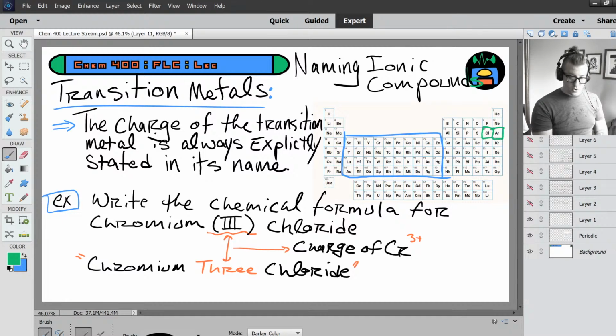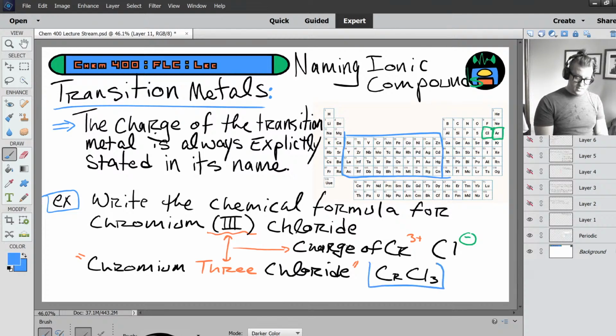It wants to be like argon, which has 18. So chlorine will develop a charge of -1. We've got a positive 3 cation, a -1 anion, and we're going to need to bring 3 chlorides to balance the charge of chromium. So chromium 3 chloride, interestingly enough, will be CrCl3.